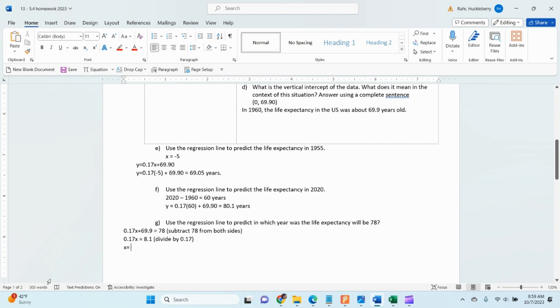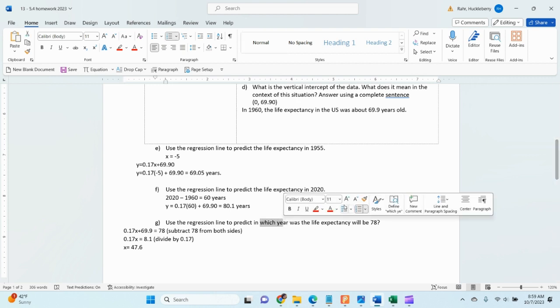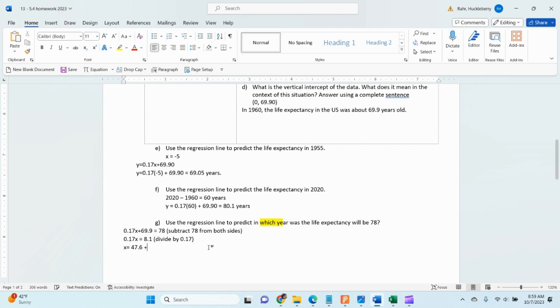What does it say? It says which year. So we have to make sure we know what we're answering. So we then add 1960, which makes this, we're going to round that up to 48, so about 2008.